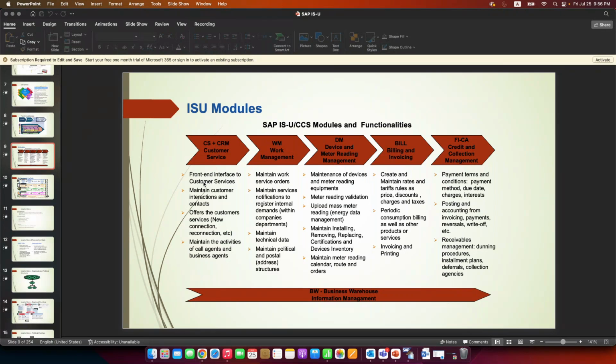So a construction company initiated a colony or a gated community where we have nothing. At that moment, for the initial setup, there is no connection, nothing has been set up. For the initial startup, they might need a temporary transformer, temporary generator, or some sort of temporary equipment. At that moment, you'll be creating a service order. Along with that, you'll be creating a temporary reconnection, I mean connection.